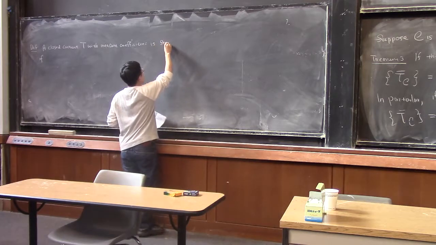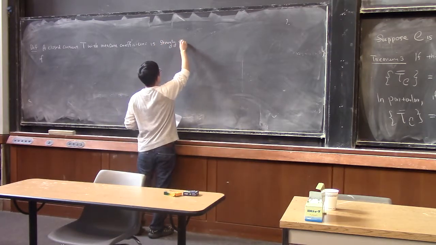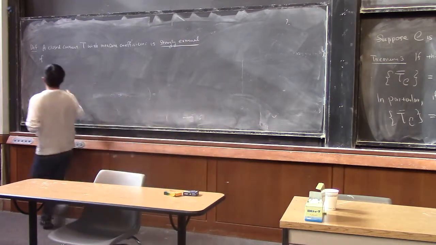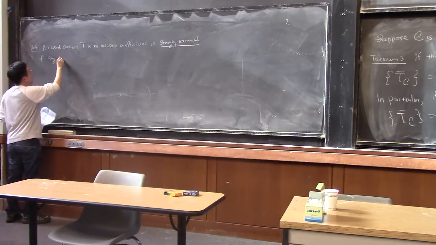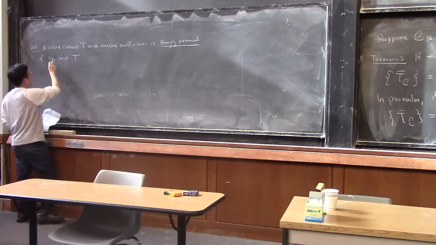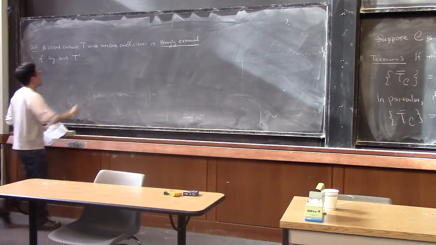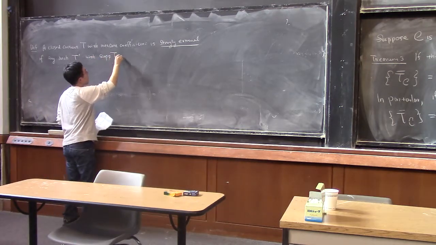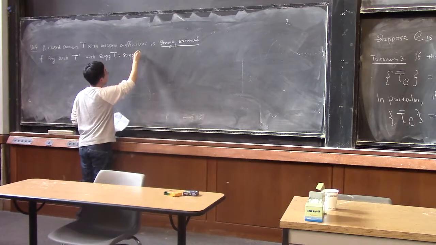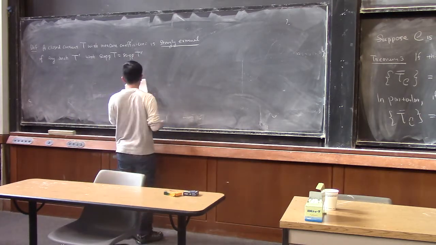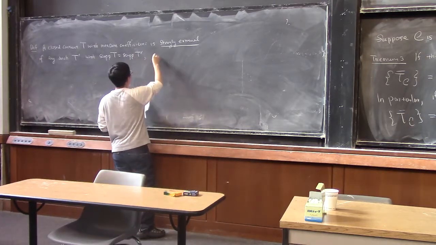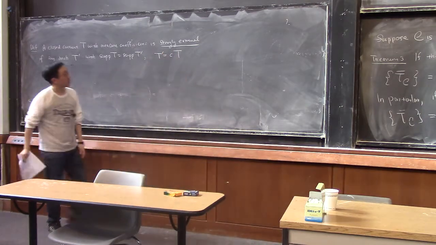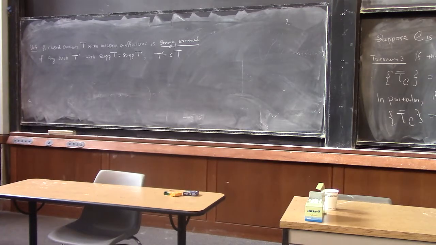To say that it's extremal or strongly extremal, if any such current T prime, meaning closed current with measured coefficient, with support that agrees with the support of T, there is a constant C that makes T prime a multiple of T.